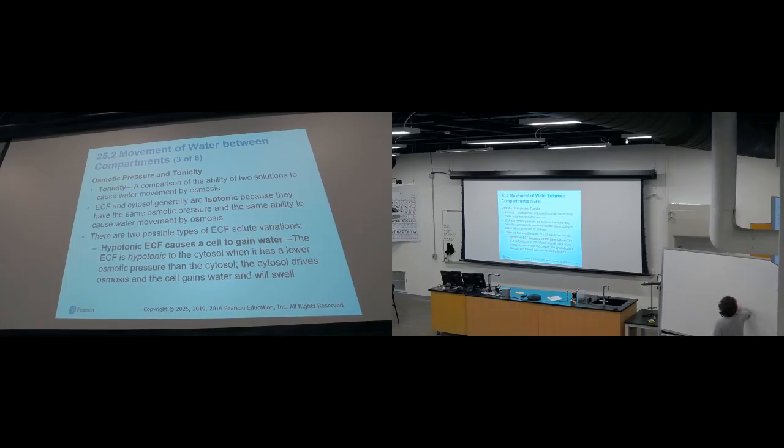If the concentration equals whatever you have inside the cells, or whatever you have in the plasma, that will be an isotonic solution. So an isotonic solution is 0.85% sodium chloride.